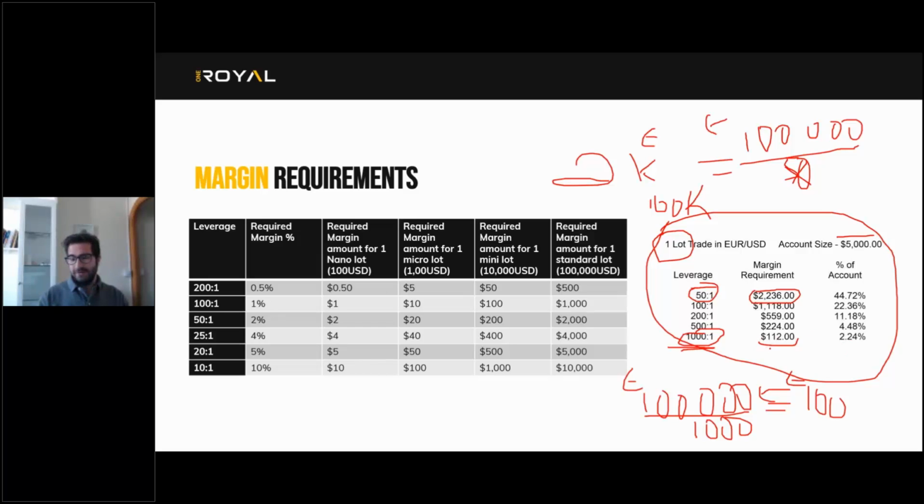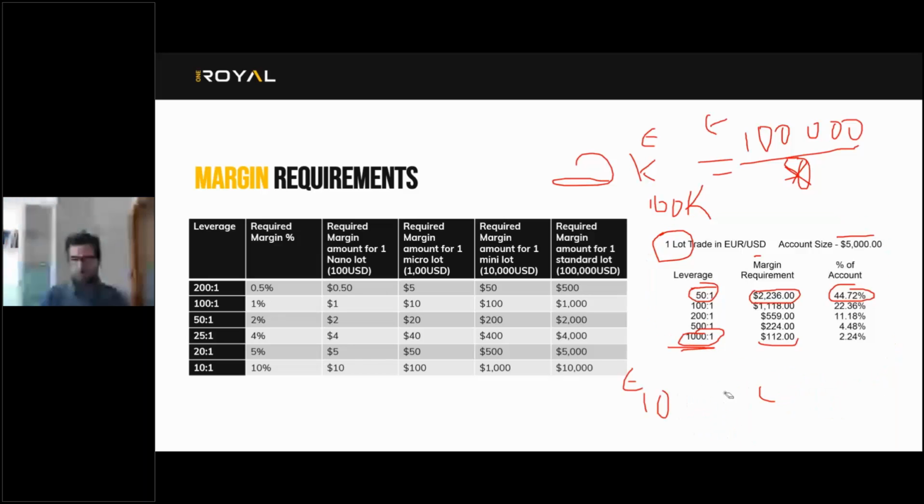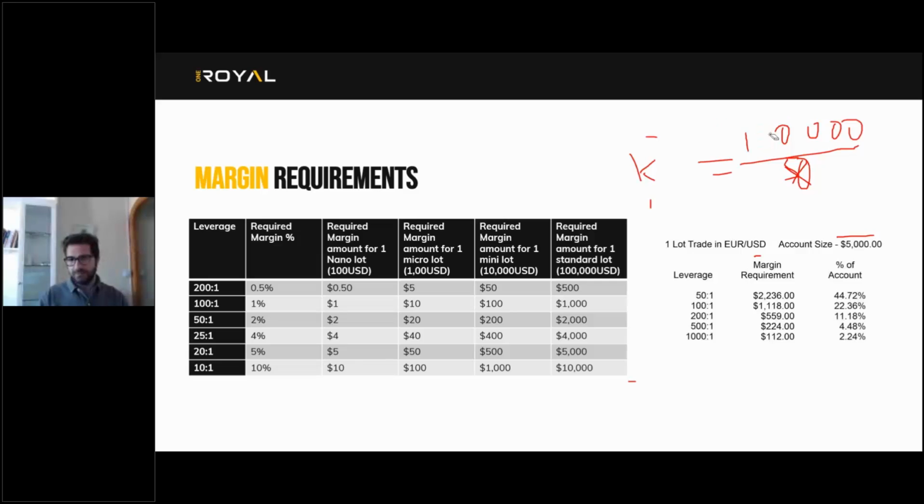$112. Okay, if we are considering that the Euro USD is 1.12. Okay, so now what does this represent as a percentage of your account? So to get this number, how much the margin requirement represents as a percentage of your account, I will show you the calculation. Let me make this clearer. Okay.